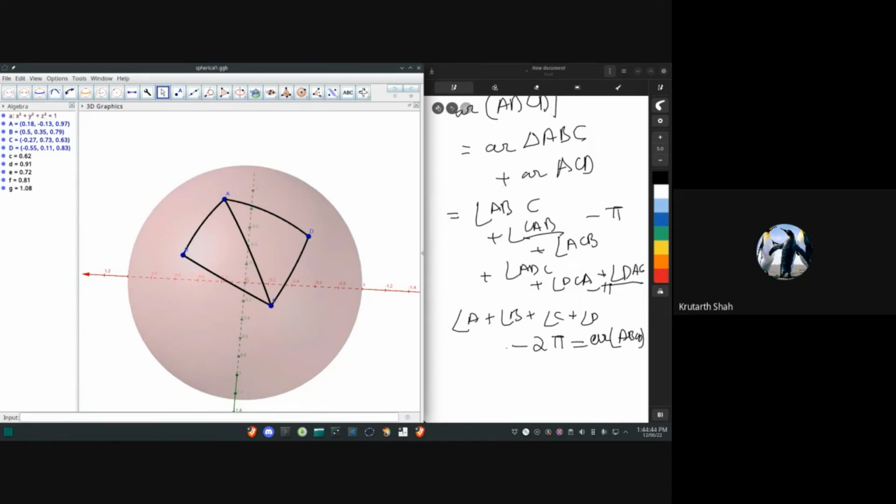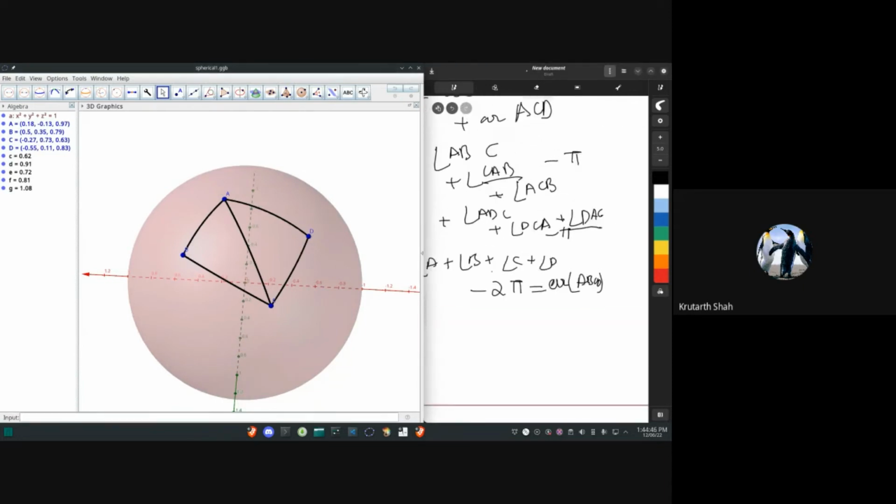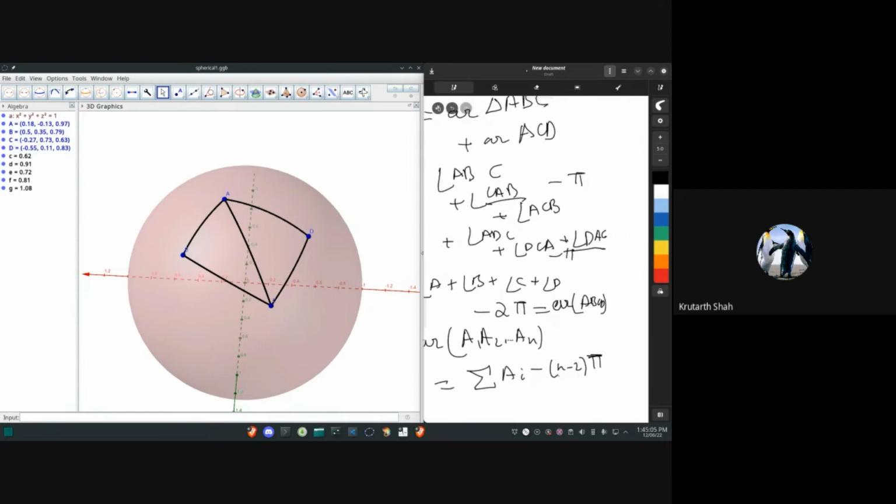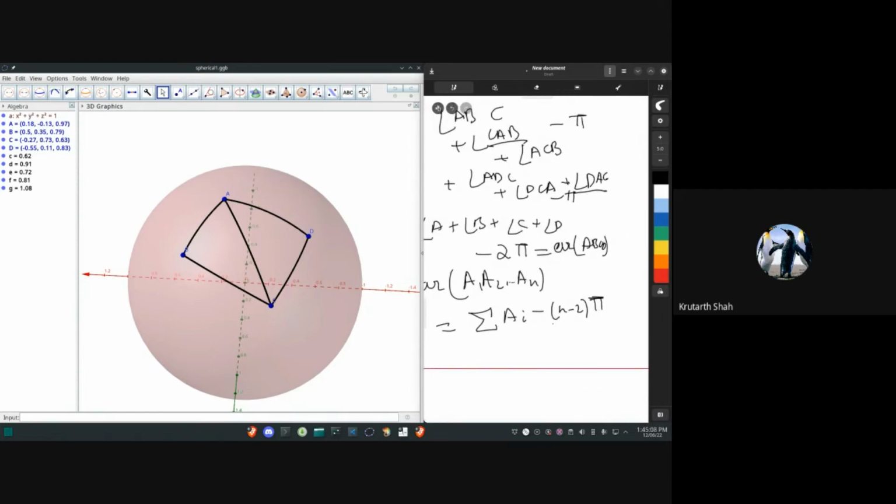Right. So in general, what you can say is that the area of an n-gon is the sum of angles minus what you would expect in a normal n-gon in Euclidean geometry.